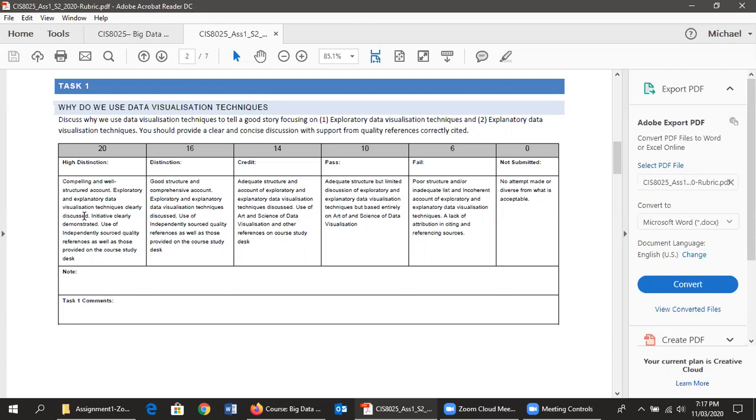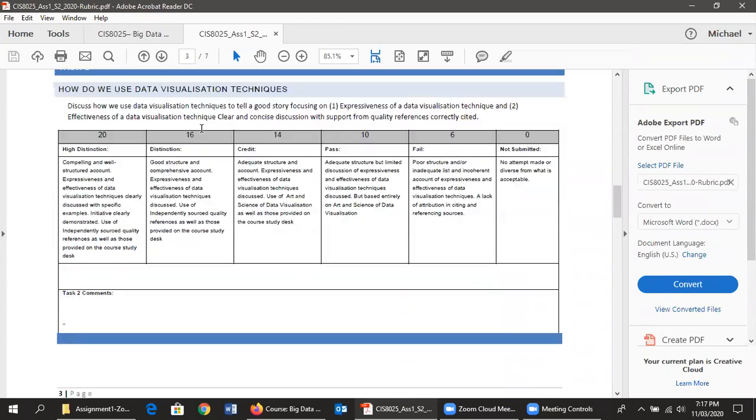Obviously, either not submitted or not relevant would get 0. Sometimes it does happen, unfortunately: if, say, in task 1, a student provides an answer that doesn't have any relationship with what is being asked in that task, you're not going to get marks for it.